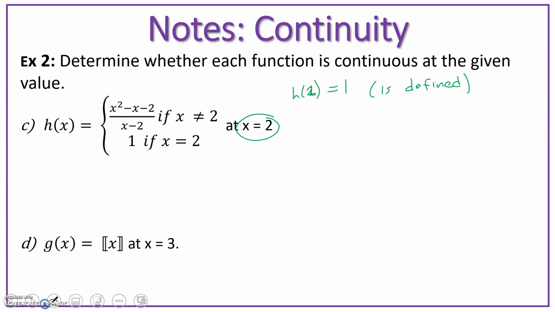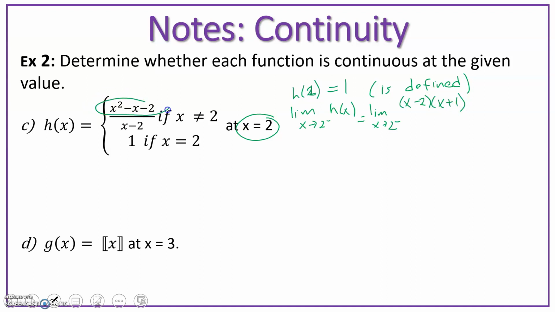And then let's check our limit. So the limit as x approaches 2 from the left for our h of x is going to be the limit as x approaches 2 from the left of our piecewise function, which in this case, I'm going to go ahead and just factor it, is x minus 2 times x plus 1.